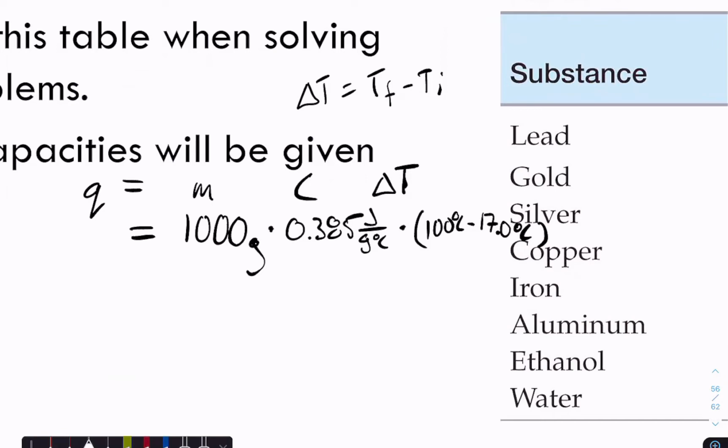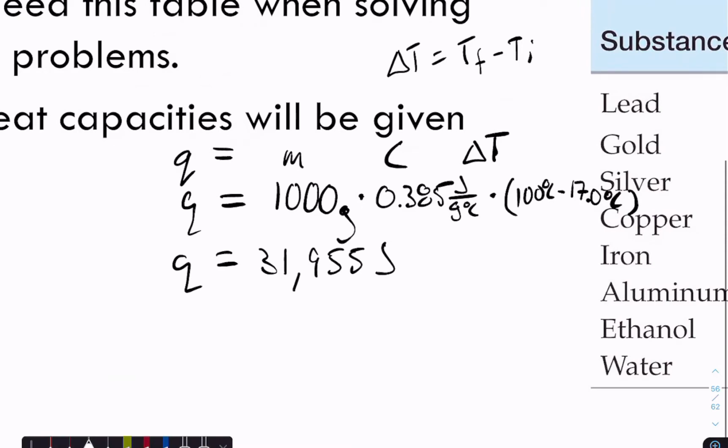And you'll say, I want to heat it up from some temperature to another, or cool it down, and then you just multiply those together. So this will be 1,000 times 0.385 times 100 minus 17. That's going to take a pretty solid amount of energy: 31,955 joules.